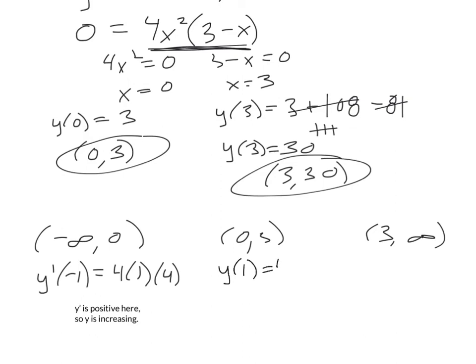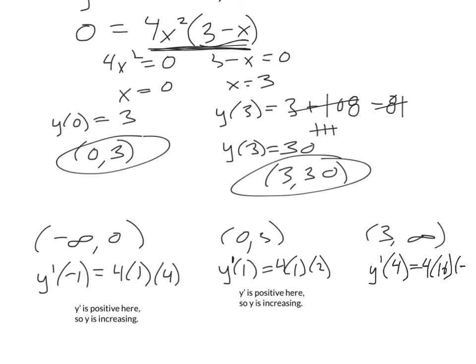Y prime of 1 will be 4 times 1 times 3 minus 1 is 2. So this one's actually also positive. And then for my final one, oops, I just realized this should have been y prime. Y prime of, I suppose we could use 4. That would be 4 times 16 times, when I put 4 in up here, this is going to be negative 1. And we can tell that that's going to be negative.